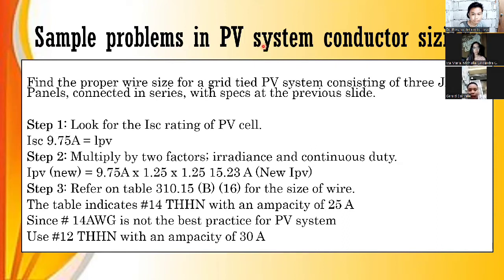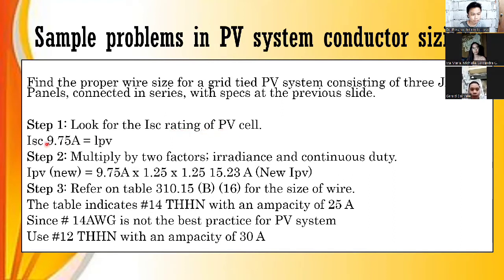So this is the sample problem for a PV system conductor. Find the proper wire size for a grid-tied PV system consisting of 3 JA Solar panels connected in series with specs at the previous slide. Step 1, look for the rating of the PV cell.